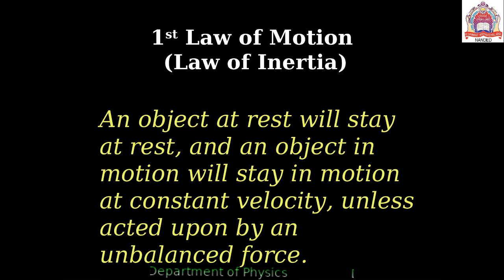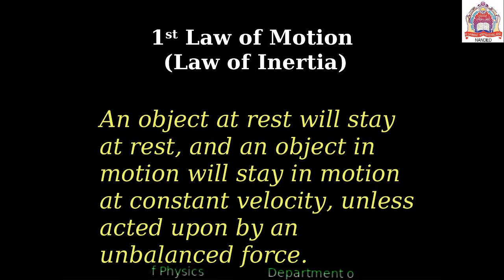The forces are unbalanced when the net force is not 0. In tug of war, both teams apply forces. For a team to win, the forces must be unequal or unbalanced. You want the net force to be in your direction.